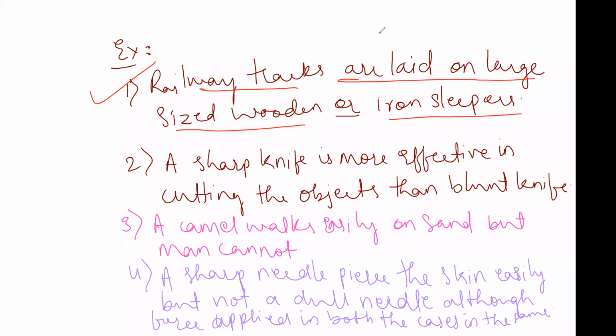So this reduces the pressure acting on the ground, and hence it prevents the sinking of the ground under the weight of the train. Even though the train is so heavy, the track does not sink. Why? Because the force applied by the train on the railway track is equally distributed. That is, the pressure applied depends upon the surface area. So this is one of the examples for pressure.